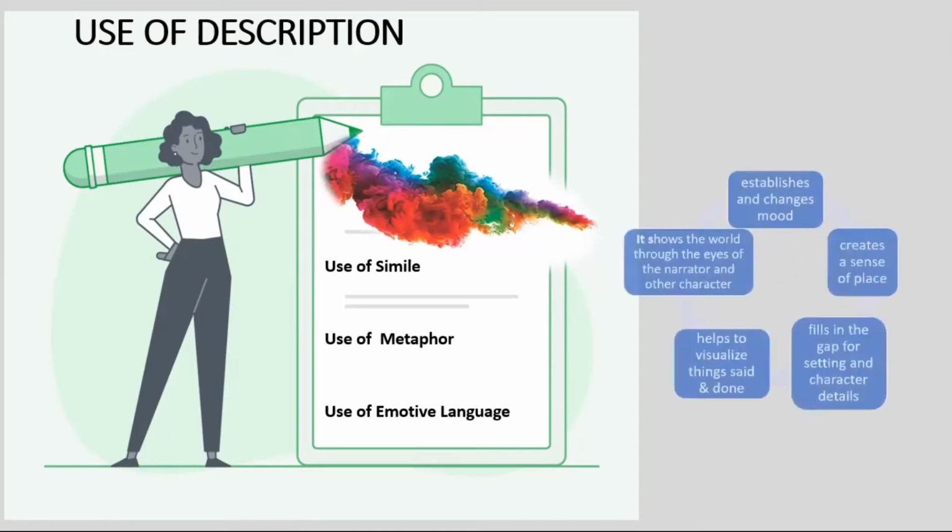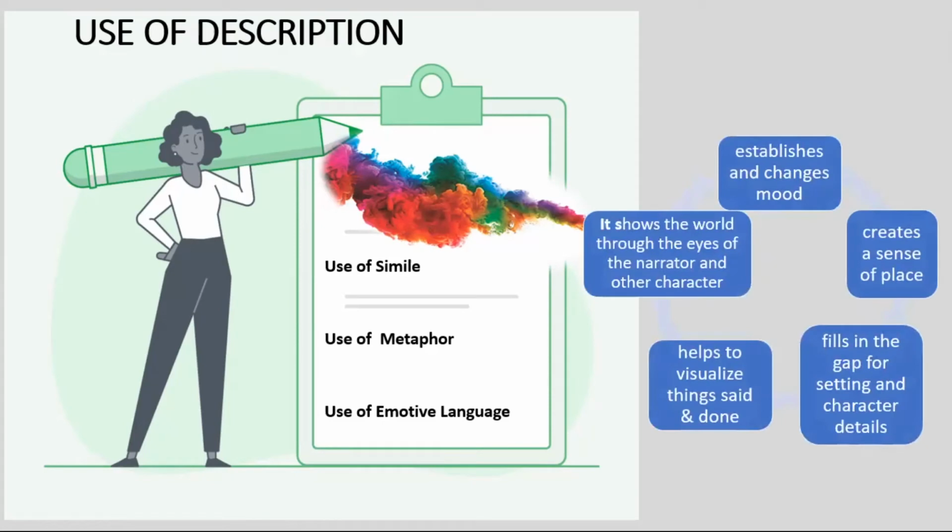Now, we are going to look at the role of description. Description as a narrative technique in Luby and the Social Worker helps to make Elijah's language more creative and entertaining. So when Elijah uses the simile and metaphor and emotive language in his speech, when he talks and in his description, and when he narrates the story to us, it makes it colorful.